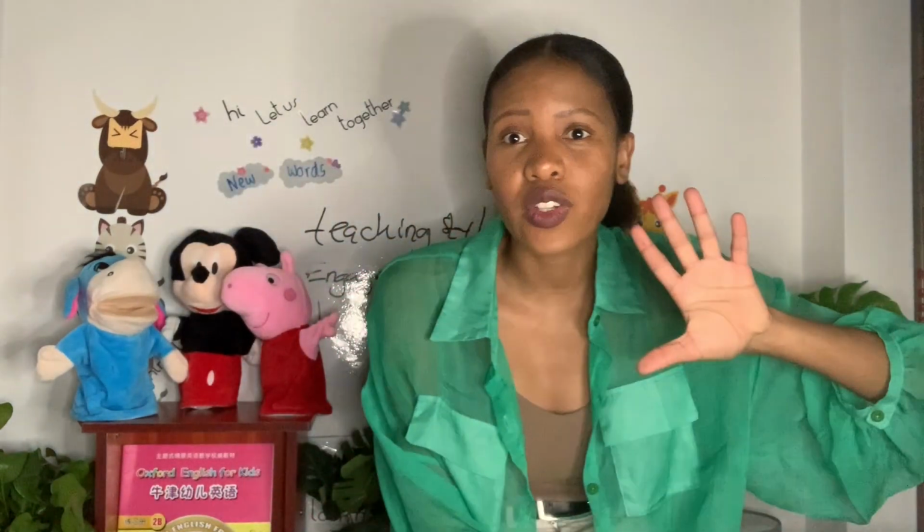Just as a little extra, guys, what should you look out for? In order to teach English in China, you need a Z visa, which is a work visa. To get a Z visa, you need all of the things that I've listed: native speaker, clear criminal record, a bachelor's degree, a TEFL certificate, all of those authenticated.